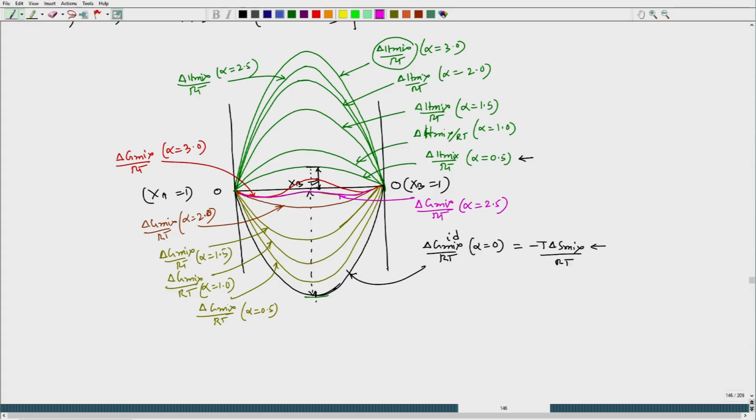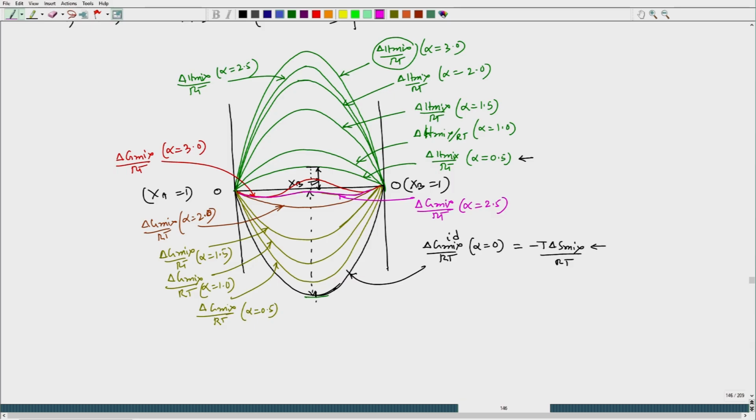But around alpha equal to 2.0, the curve around the mid composition values is actually flattening up. But as we increase alpha further, at the extreme ends, the pure metal ends, the plot is convex downward, but at the midpoint we have convex upward.